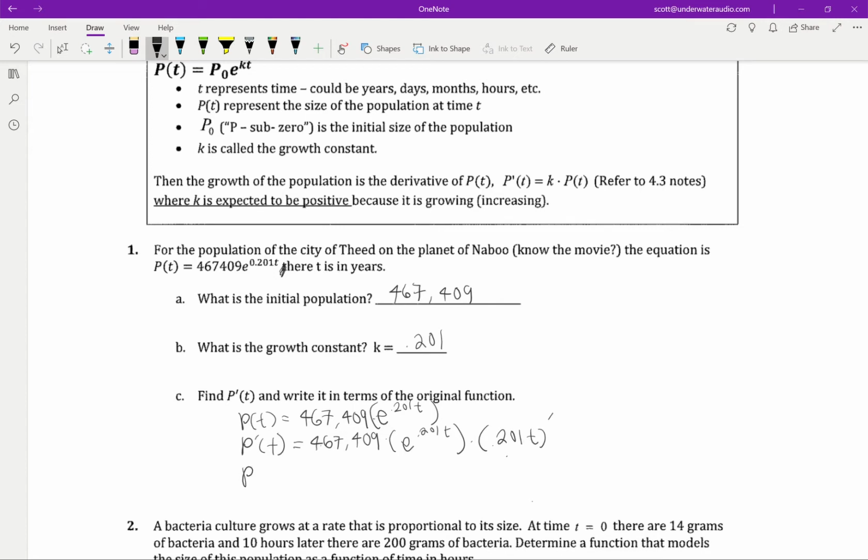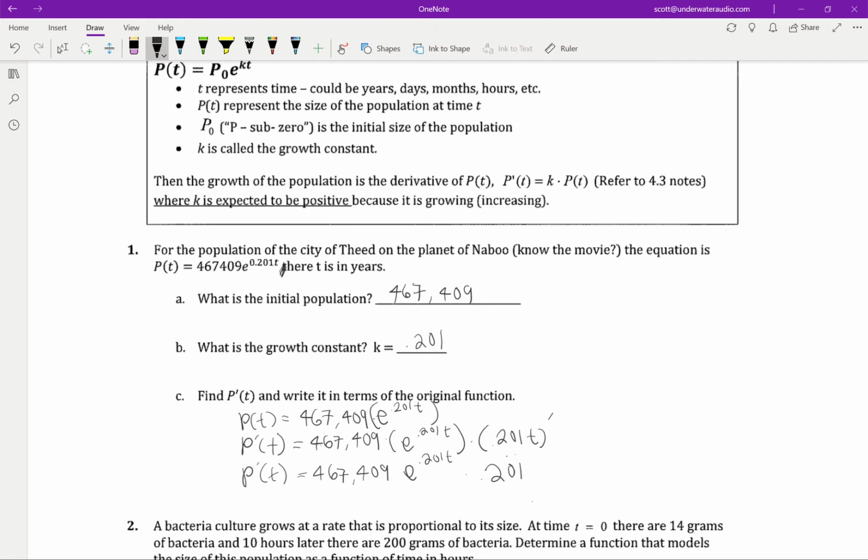So P prime of t equals 467,409 e^(0.201t), and then times the derivative of 0.201t, that's just going to be 0.201.